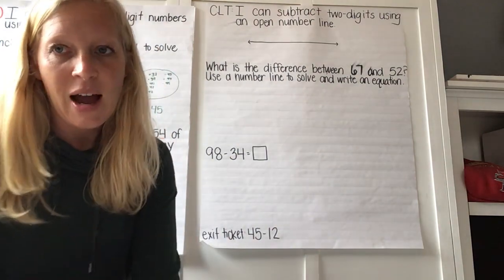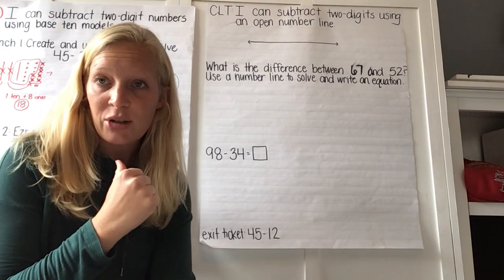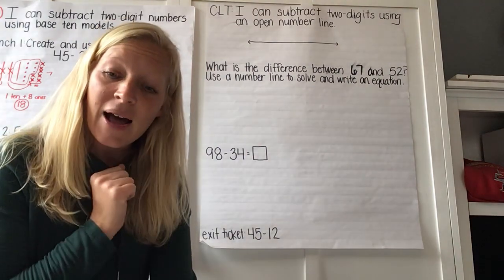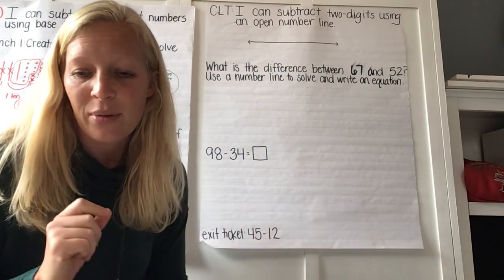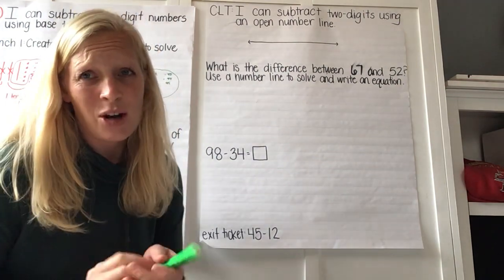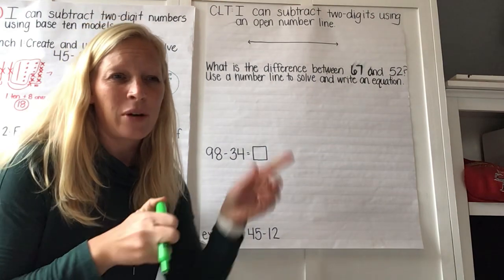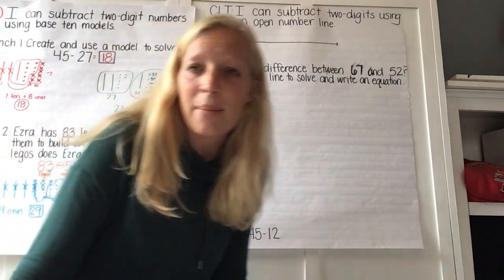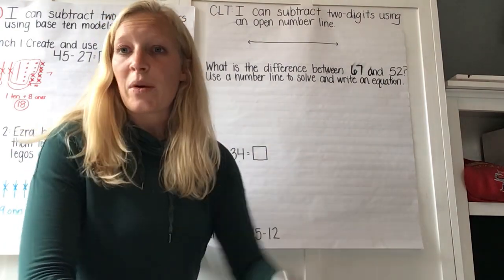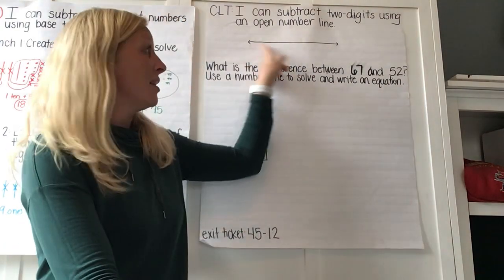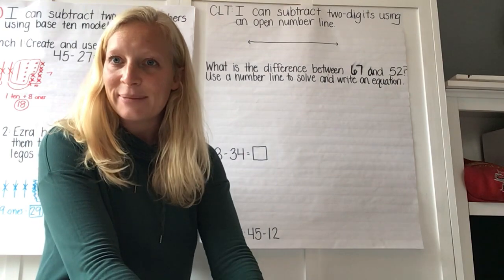Now, friends, we've been subtracting two-digit numbers already, but today the little difference is that we're using that open number line. And before we can use that open number line, who can help refresh our memory on what an open number line is? Okay, so when we think about an open number line, it is a line with numbers on it.